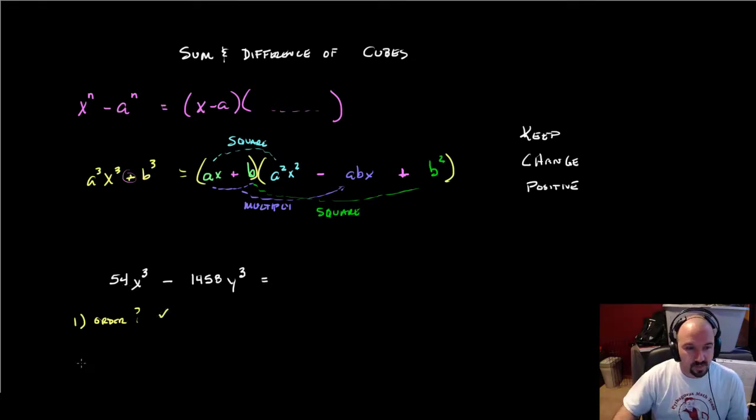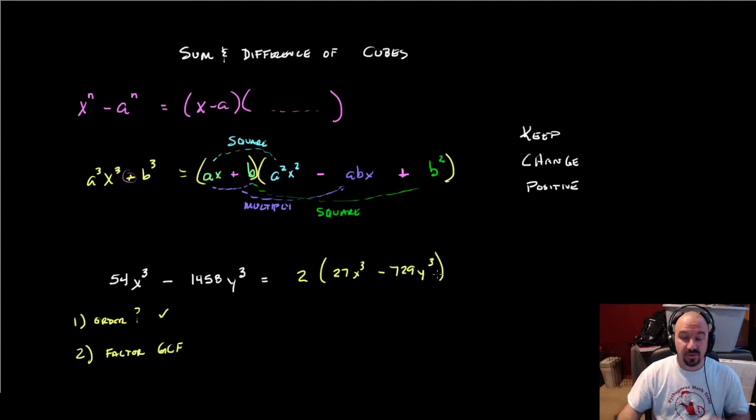So we're good. Step number two, we need to factor out the greatest common factor. So let's do that first. 54 and 1458 share a common factor of 2, so let's at least pull that out, and then let's see what we have left. So this is going to be 27x cubed, and then minus 729 y cubed. You might be wondering, okay, well, I couldn't do that in my head.